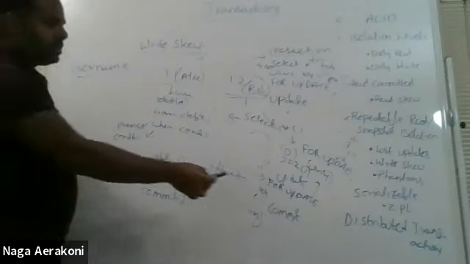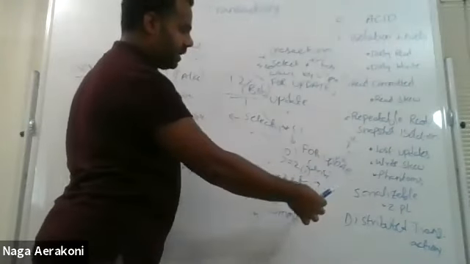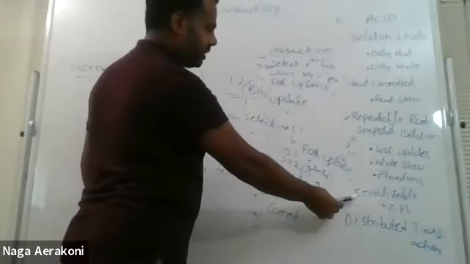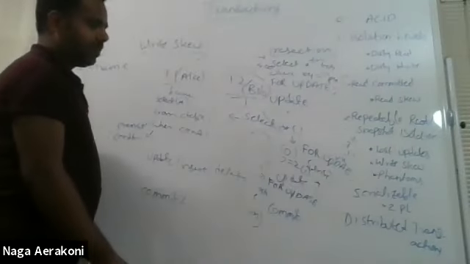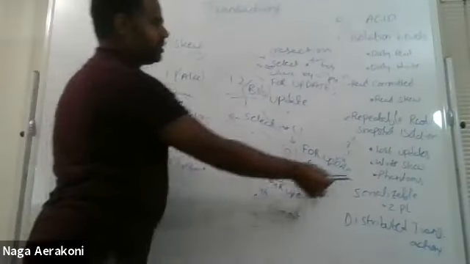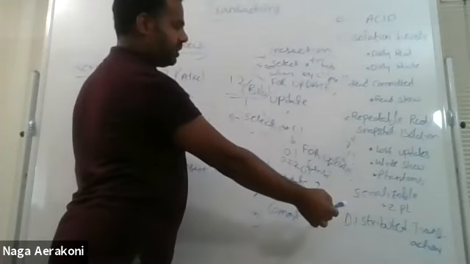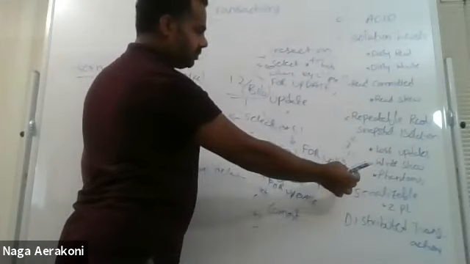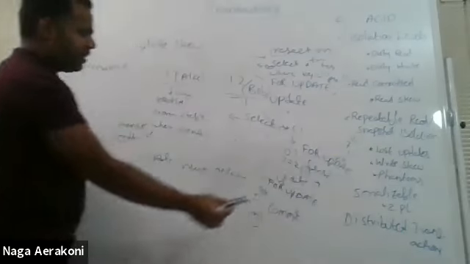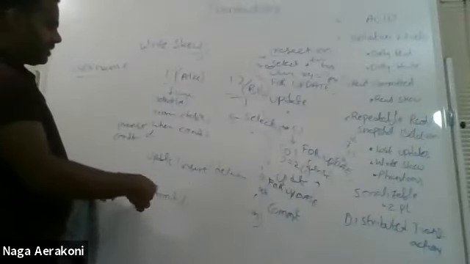So all these anomalies can be addressed if you start using serializable isolation level. All these three issues you can get over easily, including the phantoms. The phantoms, as I explained, is just an effect.